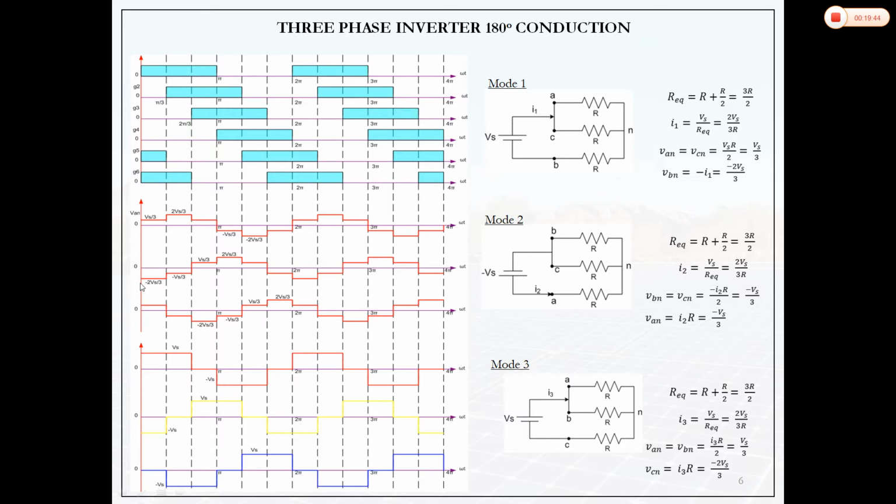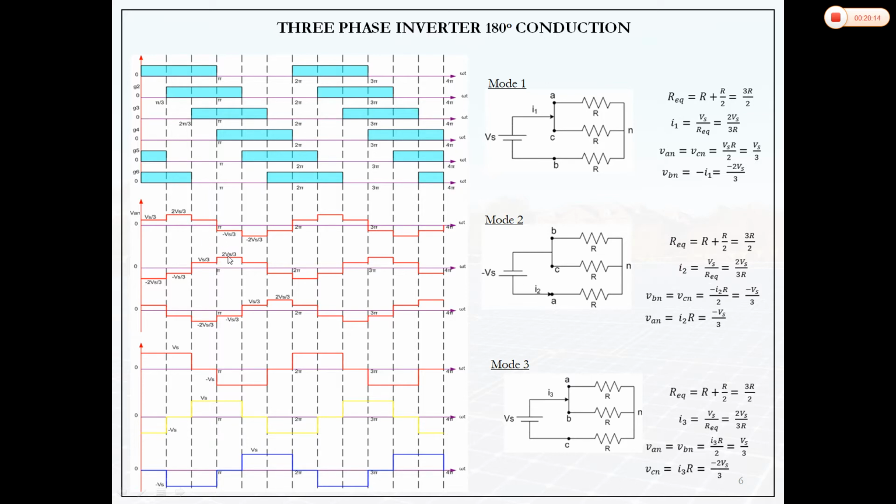So you will observe that the phase voltages are shifted by an angle of 120 degrees from each other. If you plot VAN, then for VBN, one column is 60 degrees, so it is shifted by 2 columns. If you shift these waveforms by 2 columns in the forward direction, it will start at Vs by 3 from this value, then it will become 2 Vs by 3 here.